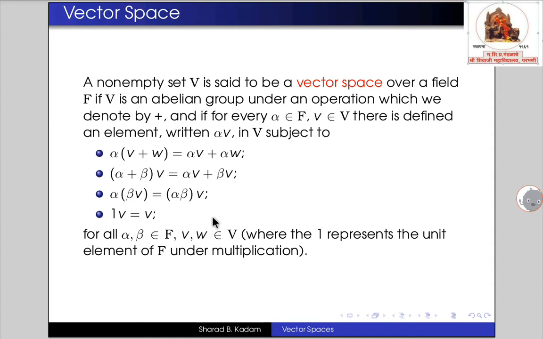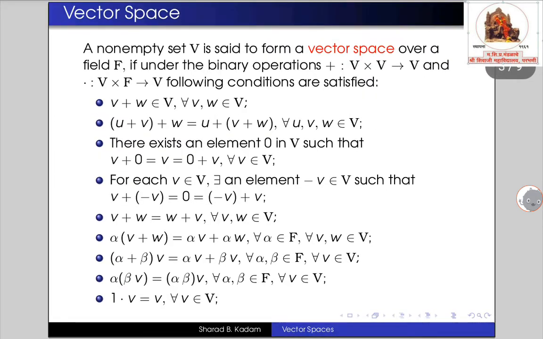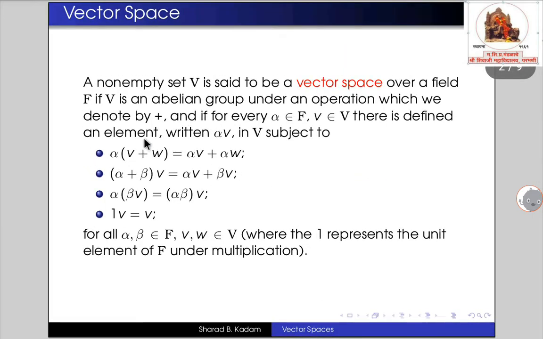We have another definition for a vector space. Here we have 9 properties, and in the previous definition we have given 4 properties or conditions. These are 4, and to form an abelian group a set requires to satisfy 5 conditions.